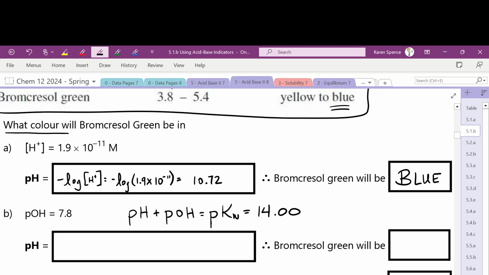So your pH would be 14 minus 7.8, 6.2. So Brom Cresol green would still be blue.